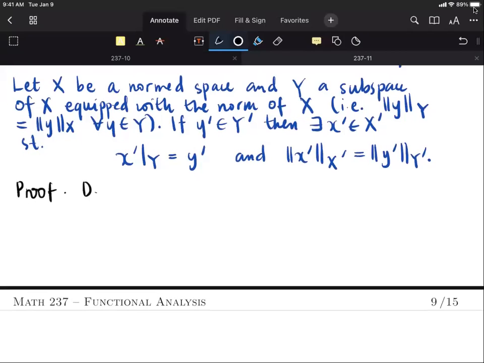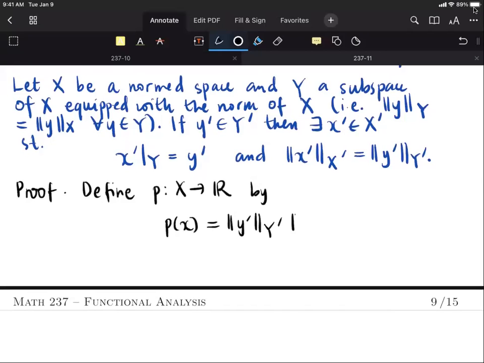So let us introduce a map P from X to R as follows. P of x is the norm of y prime and the norm of x, for any x in capital X. Take note that this is a sublinear.